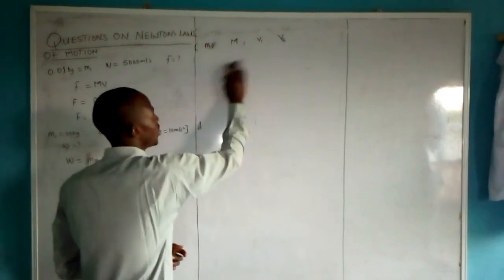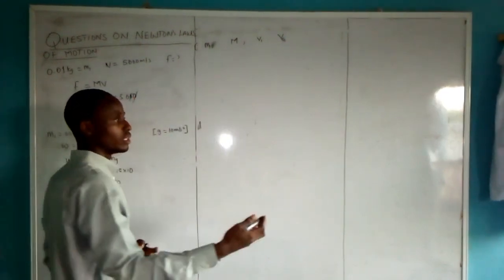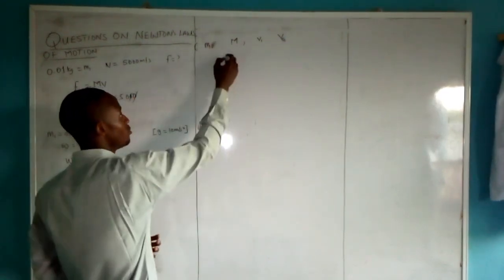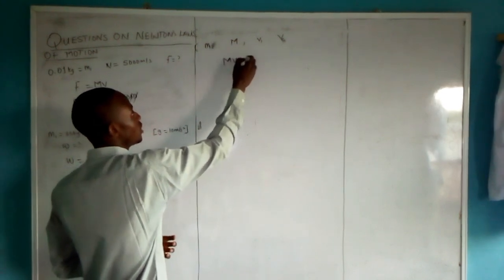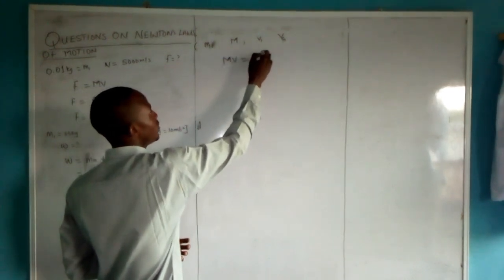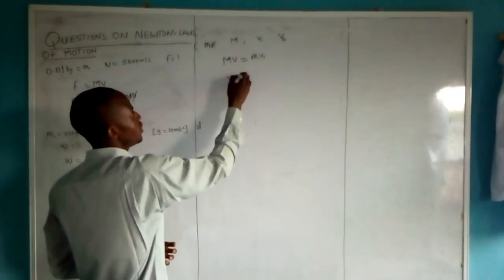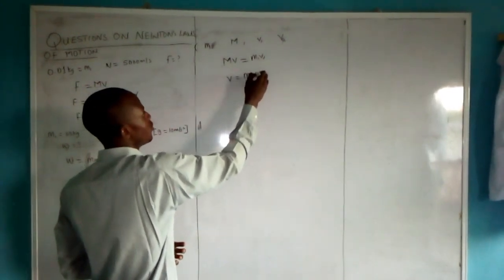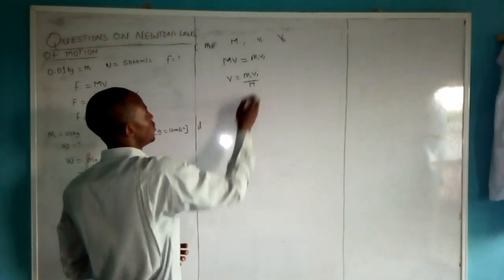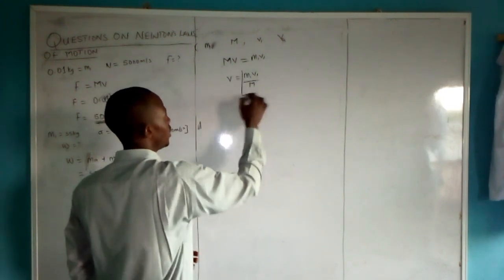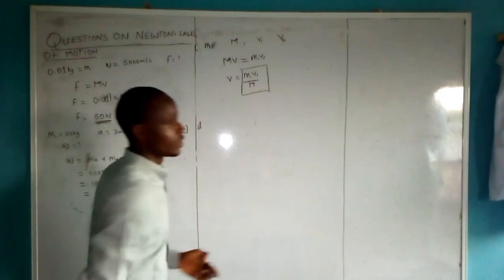Don't forget that according to the applications we have discussed, the formula we use is MV equals m1 v1. To make V the subject, V equals m1 v1 over M. So this is the expression for the recoil velocity of the gun.